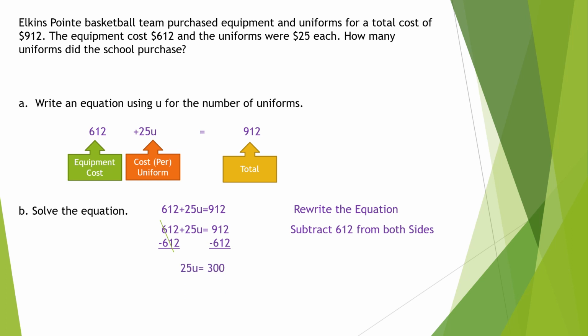So then we have 25 times U. To undo that, we're going to divide both sides by 25. On the left, 25 divided by 25 cancels out, leaving just U. 300 divided by 25 does give us 12. So the school bought 12 uniforms.